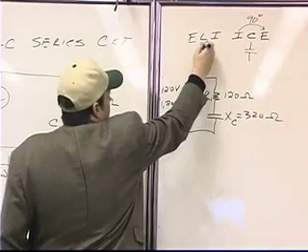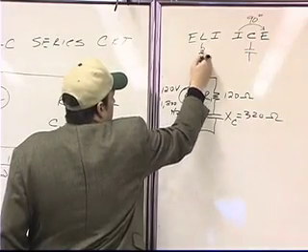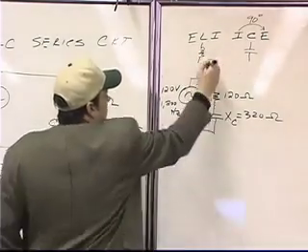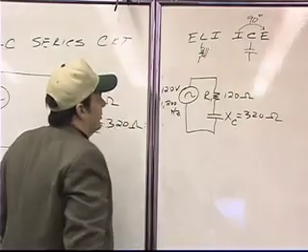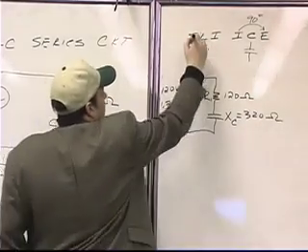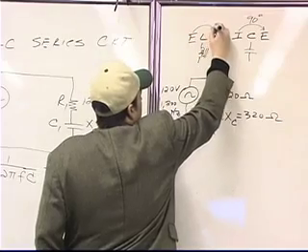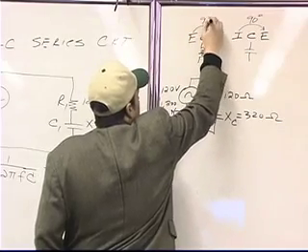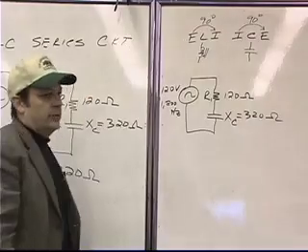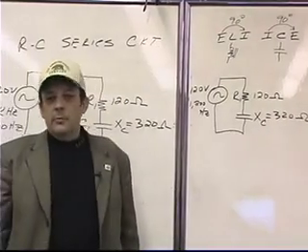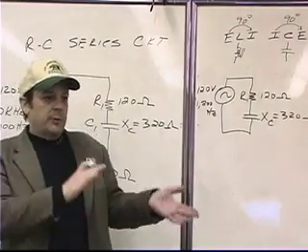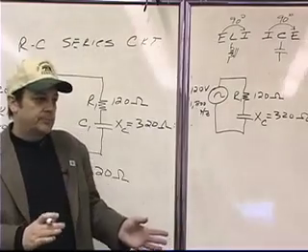If we have an ideal inductor in the circuit, which we're not talking about tonight, but we will later, then just the opposite. The voltage will lead the current by 90 degrees. So that's kind of a slick little way to remember what's in front and what's behind, what's leading, what's lagging.